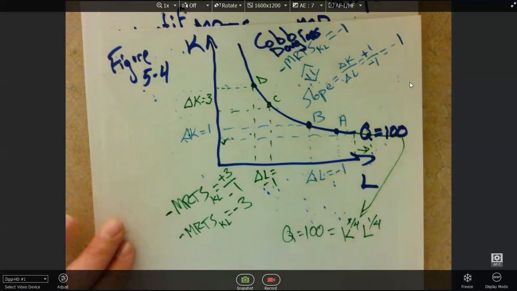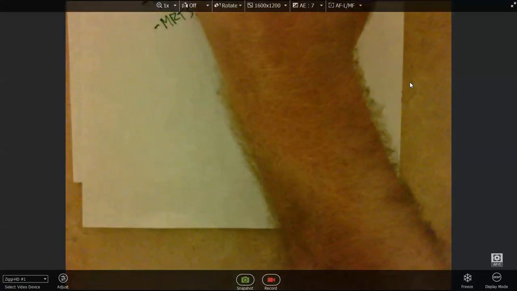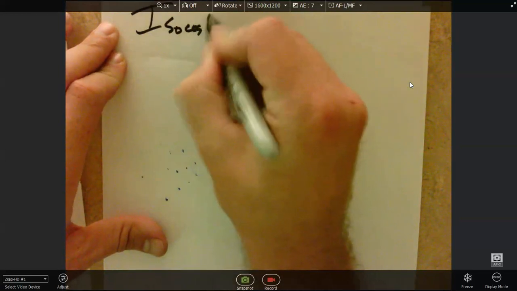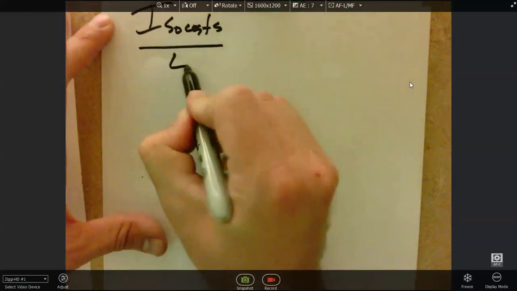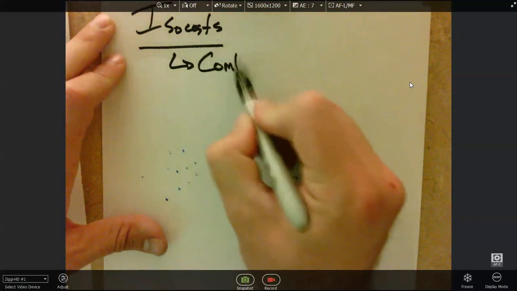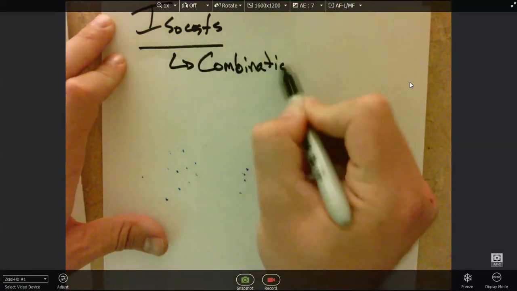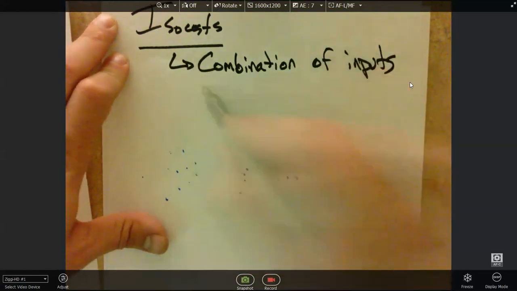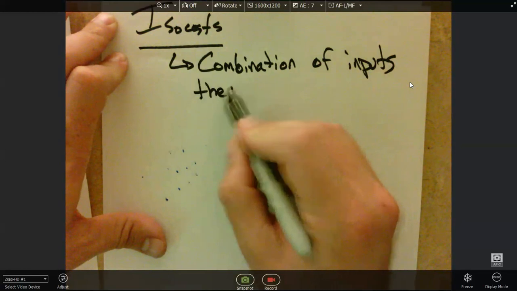Now we're going to talk about iso-costs, okay? An iso-cost is a combination of inputs that yield the same cost. This is what you were defining earlier.